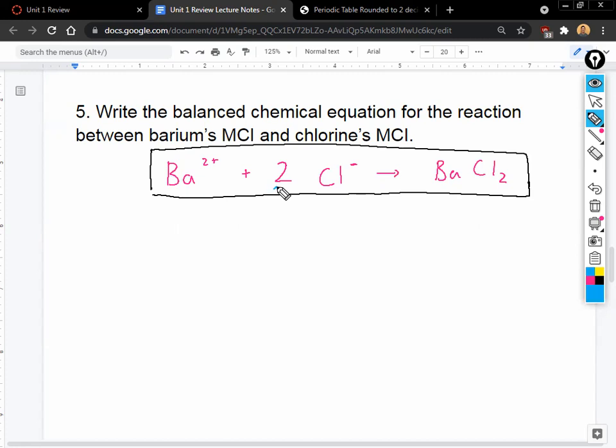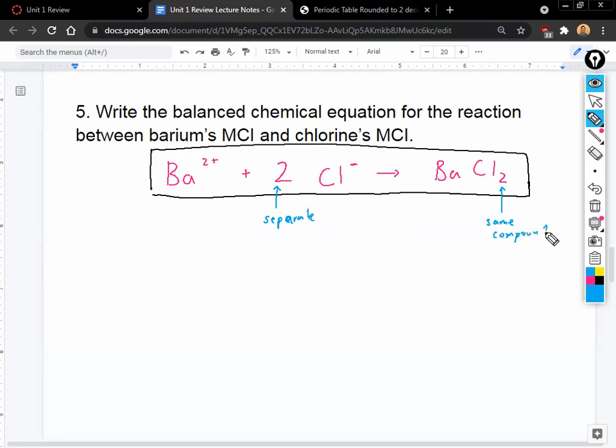Now, I do want to distinguish the number in the front. The 2 in the front here means that the chlorines are separate. Okay, the chlorines are separate. The number in the front means that they're separate individual ions. The bottom number here means that it's part of the same compound.